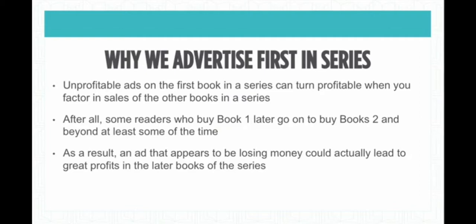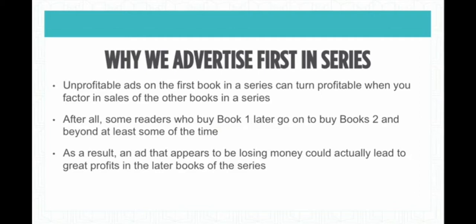There are authors who price book 1 free or at 99 cents, where they'll only earn 35 cents for a sale of just that book, who can earn up to $20 or more when they factor in the read-through, so it makes sense for them to lose money on that first one. It's like the worst kept secret, because a lot of authors talk about this.